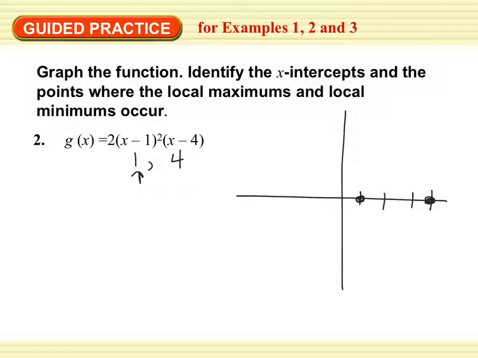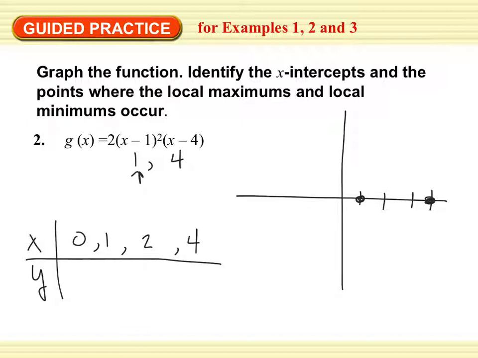I'm going to go ahead and put it in my calculator though, because I need to for my maximas and minimas anyway. So 0, 1, let's do 2 and 4. If I plug in 0, -1 squared is 1 times -4 times 2, -8.